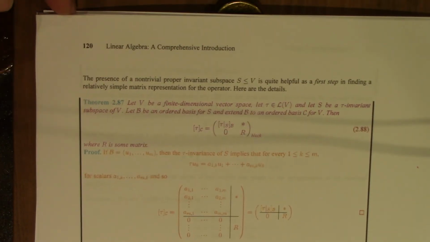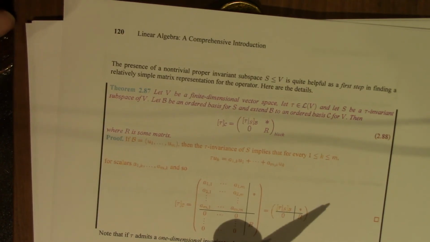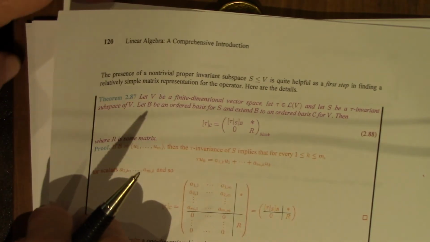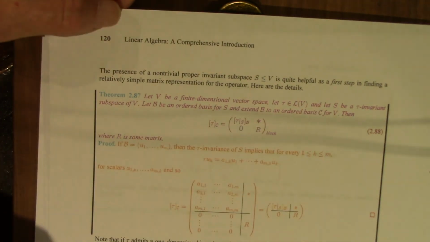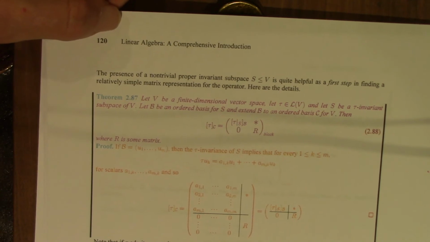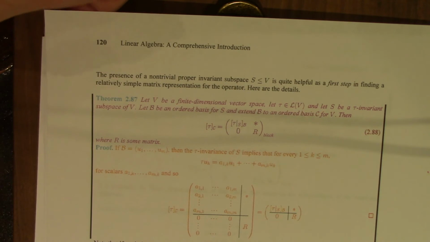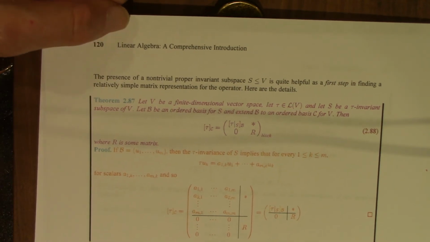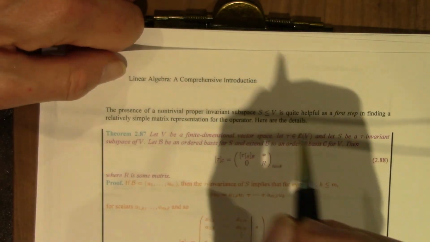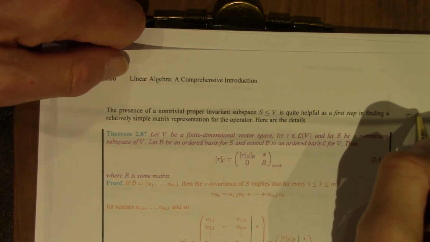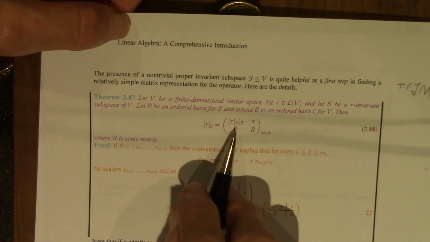The existence of a non-trivial, proper, invariant subspace S of a vector space V is very helpful as a first step in finding a relatively simple matrix representation for the operator. And this is the reason right here.